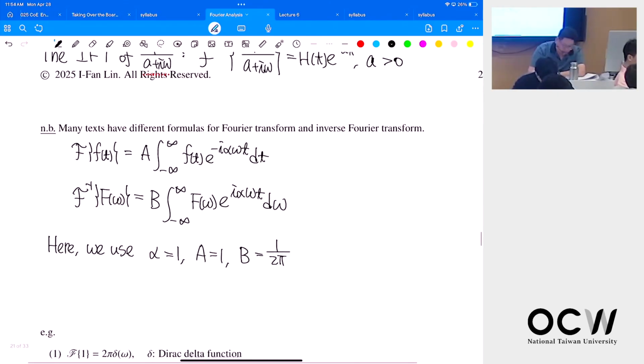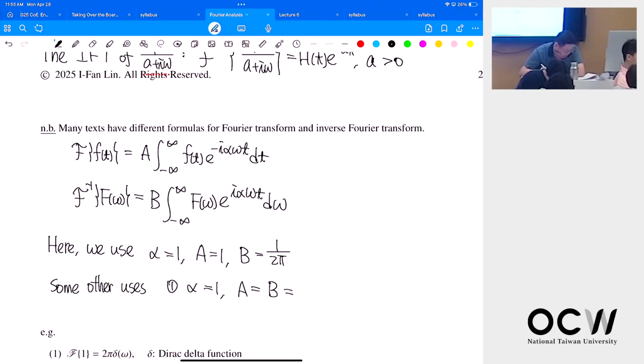You may see some books, like physics books, use alpha equals 1 and a and b are both 1 over square root of 2 pi.